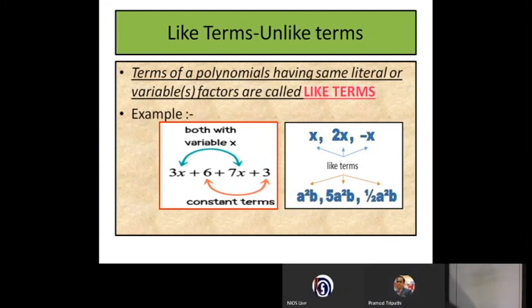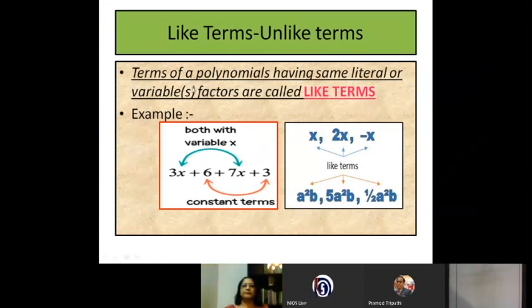Now we go to like terms and unlike terms. We have already understood the terms. This is the most important part of the algebraic expression.